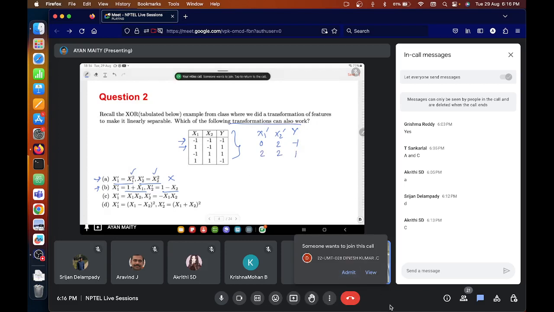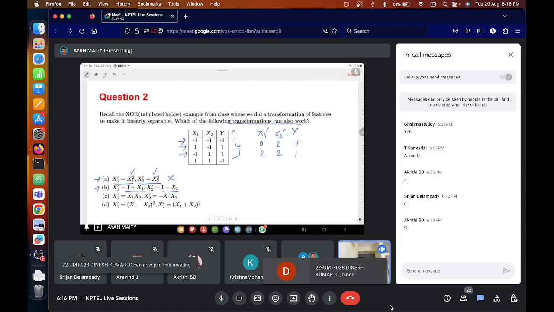Then we transform the third point from this table, minus 1 1, so it would become 0, and 1 would also become 0, and this is 1. And then the fourth point 1 1, so this would become 2, and this would become 0, minus 1.